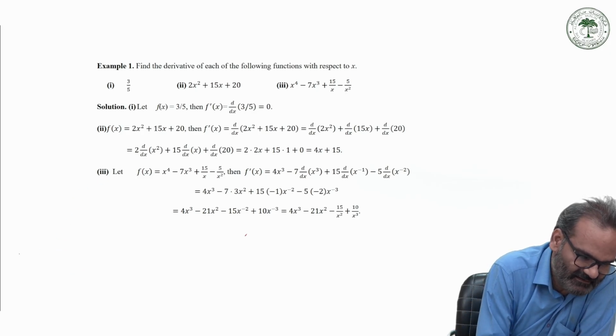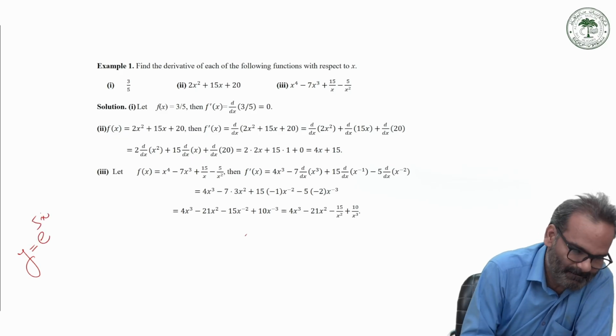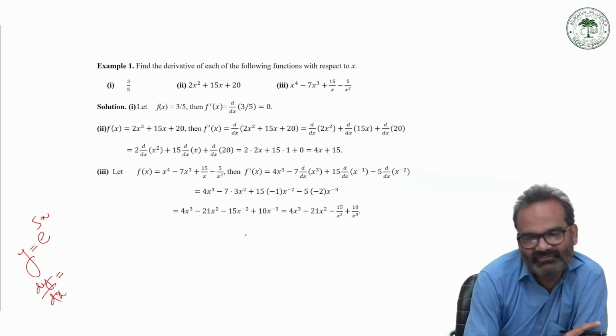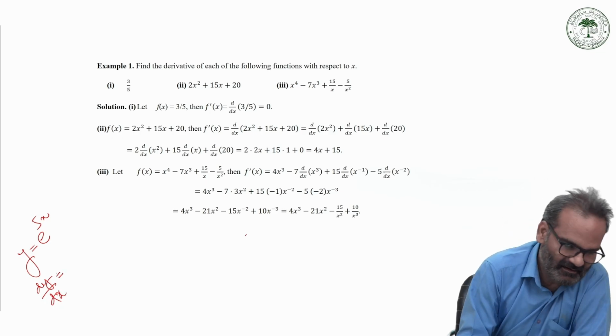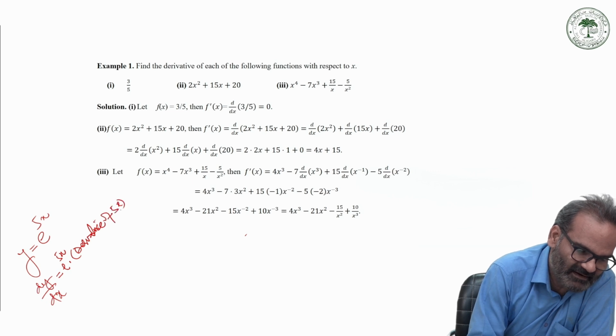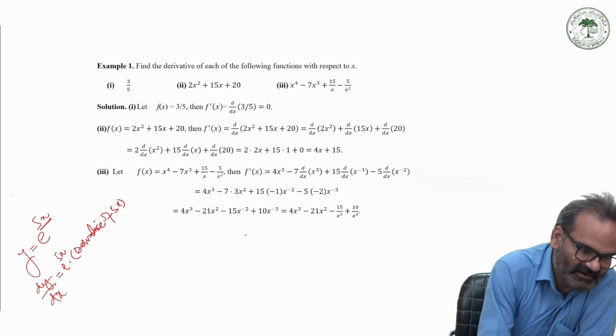If I take y equals e raised to the power 5x, for example, then find its derivative dy over dx. By the formula of the exponential function, the formula says e raised to the power 5x into the derivative of 5x, because here in place of x we have 5x. The formula is what? y is e power x, then its derivative is e raised to the power x.